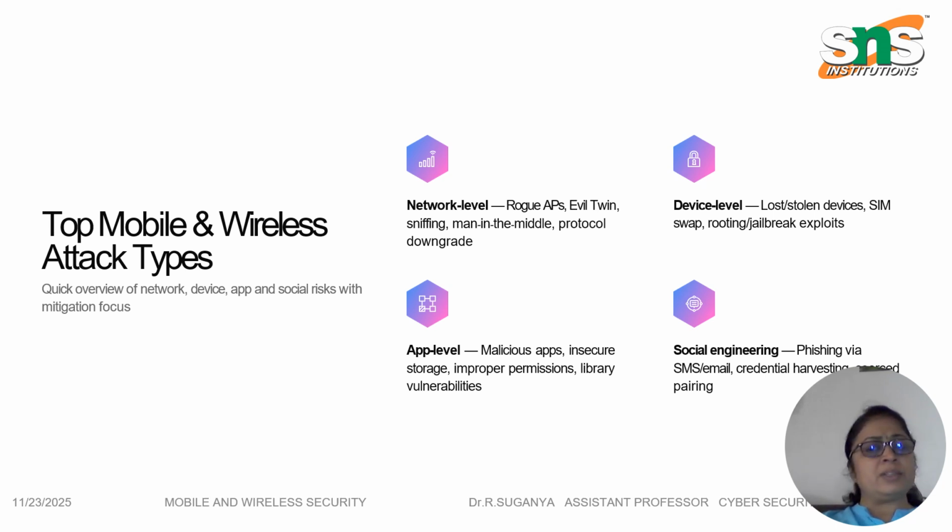In app level, if malicious apps are installed, vulnerabilities can easily happen. And social engineering includes phishing or SMS and email credential harvesting. These are the types of mobile and wireless attacks.